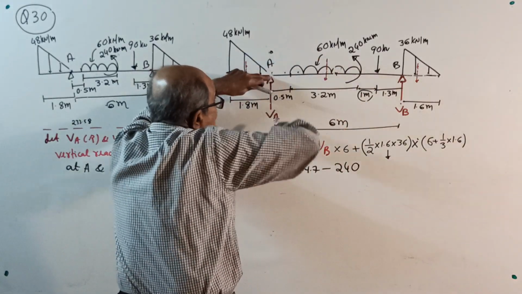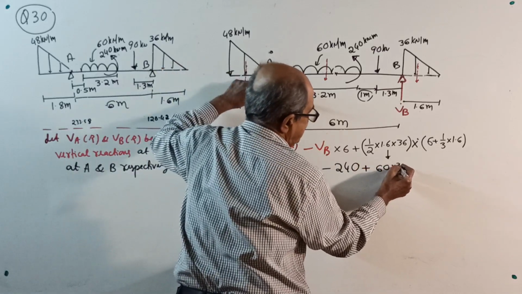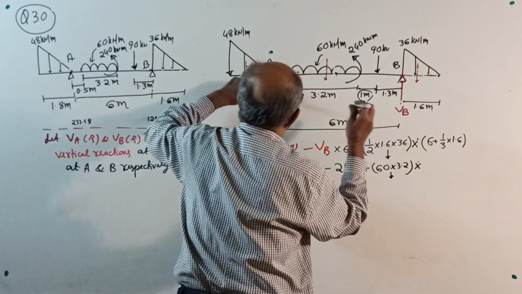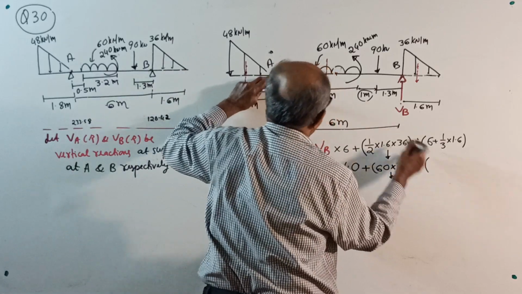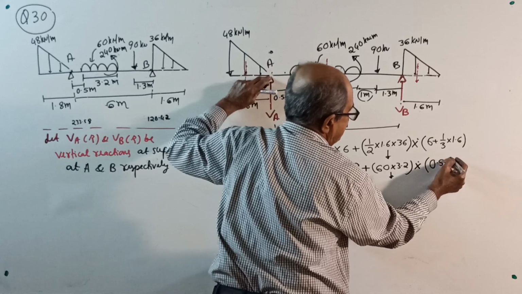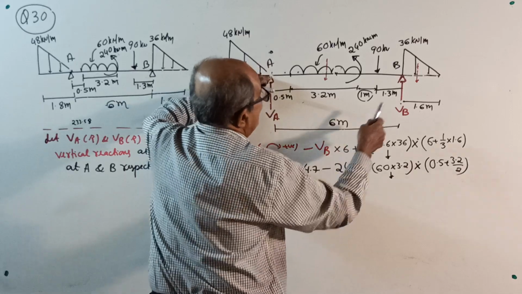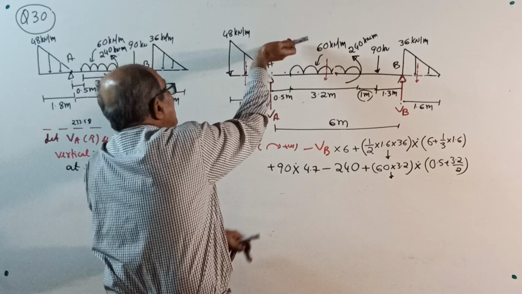Then, again clockwise. Plus 60 into 3.2 is the total load, multiplied by 0.5 plus half of 3.2. See, the line of action is here. Over. Then see, VA into 0. Then come to this side.